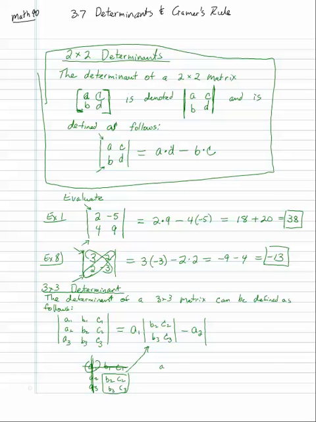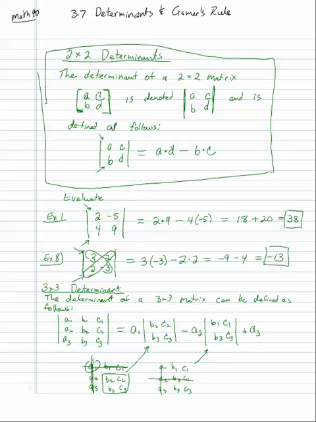So let's see if we have A1, B1, C1, A2, B2, C2, A3, B3, C3, and we cross out the row, the column. What's left over is going to go in this matrix. B1, C1, B3, C3. Plus, now we do A3, and then the same idea.